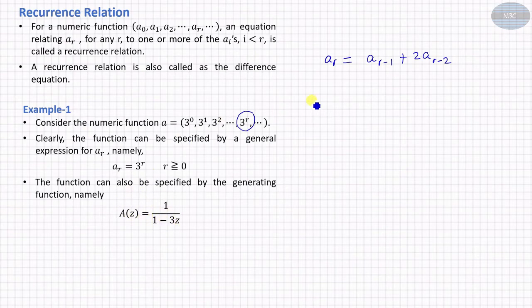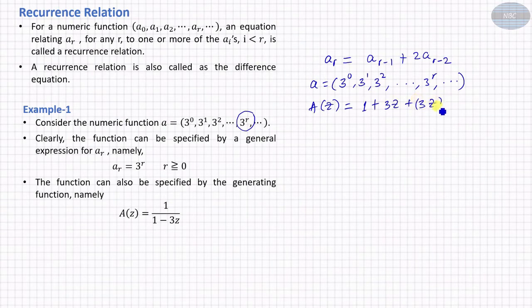So how is this generating function calculated? We have a in listing form, that is 3 to the power 0, 3 to the power 1, 3 square and so on. It can be written as 1 plus 3z plus 3z whole square, up to 3z whole to the power r and so on.